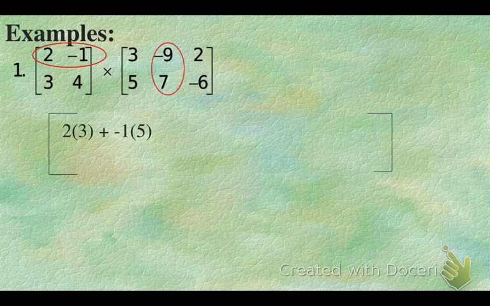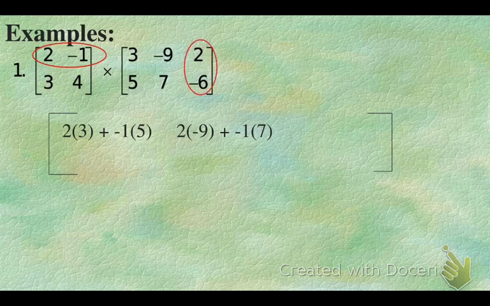We then multiply the first row by the second column, and that goes in the first row, second column of the solution matrix. So 2 by negative 9, negative 1 by 7, and add them together.